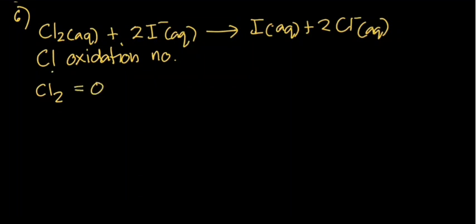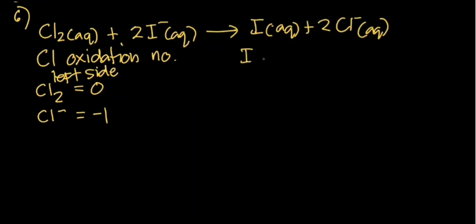And on the right side, chloride has an oxidation number of -1.